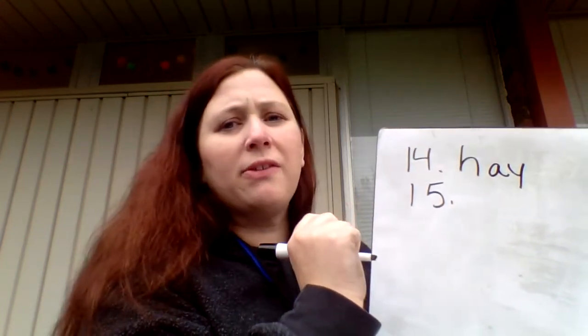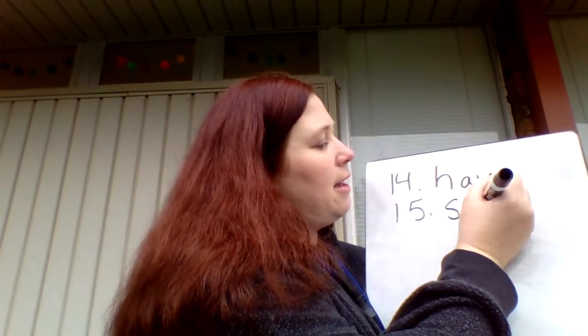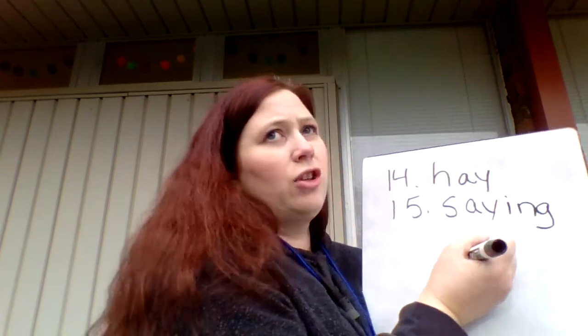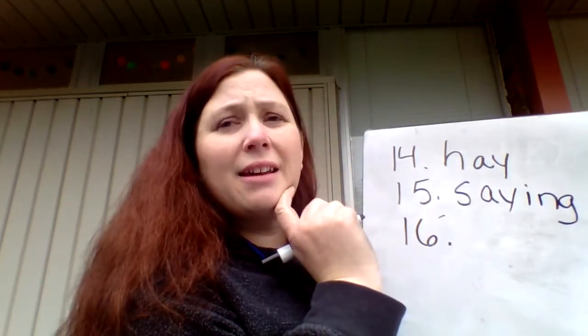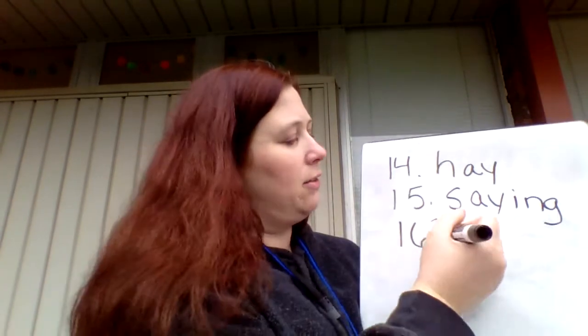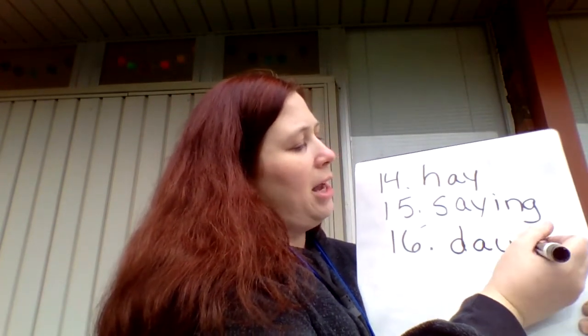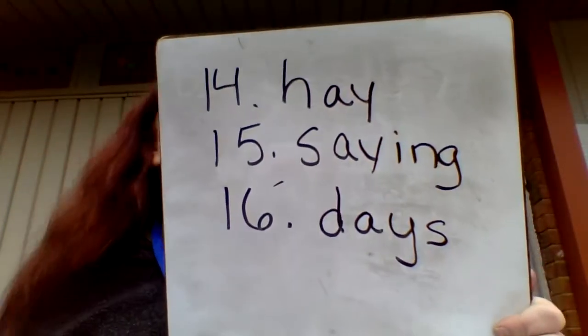So let's just spell say. S-A-Y. And then we hear that ing. I-N-G. Number 16 is days. Again, we have that s at the end. So let's spell day. D-A-Y, and then we have our S at the end. Pause if you need to and make sure you have these down.